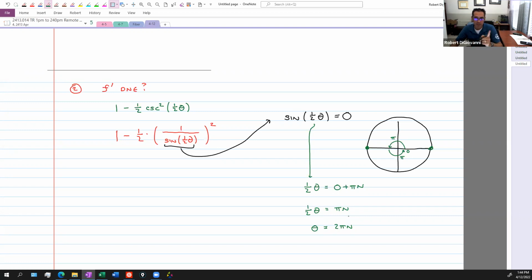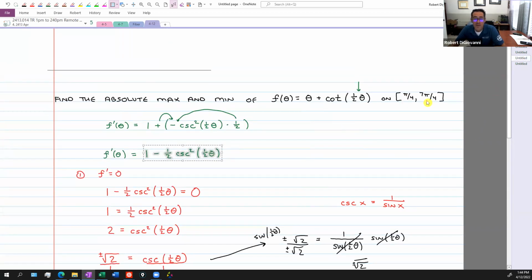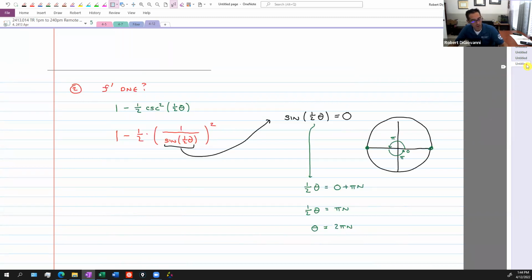But where were we restricted again? Between pi over 4 and 7 pi over 4, right? That's where we're restricted. So we're only allowed to look between pi over 4 and 7 pi over 4. Those are the only places we can look, right? And our thetas are any multiples of 2 pi. So if I let n be 0, I get theta is 0.